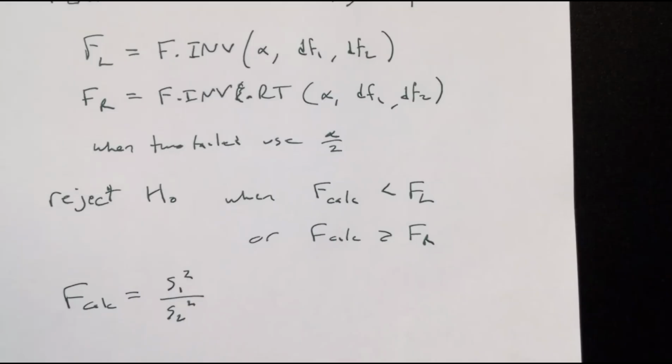Now, I am the first person to tell you that reading that chart in the back of the book makes my head hurt, because they wrote a number of things in the back of the book that is different from the way I read every other table in this entire book. So 99.9% of the time, I'm going to use the Excel commands to get the values for FL and FR.